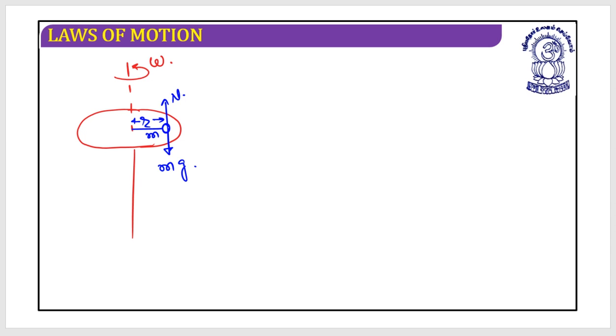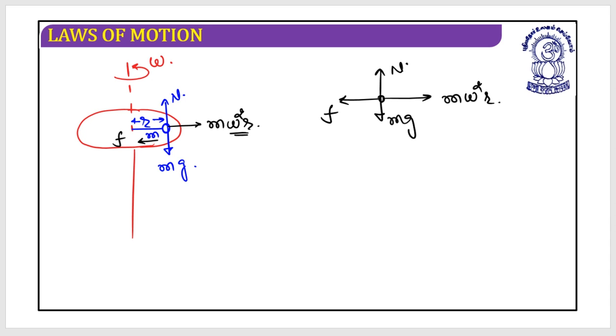So what I understand is that this force, m omega square r, is what can slip out the coin. So I should apply my friction in the inward direction. So the situation is something like this. This is the coin. This is m omega square r. This is friction. This was normal and this was mg.